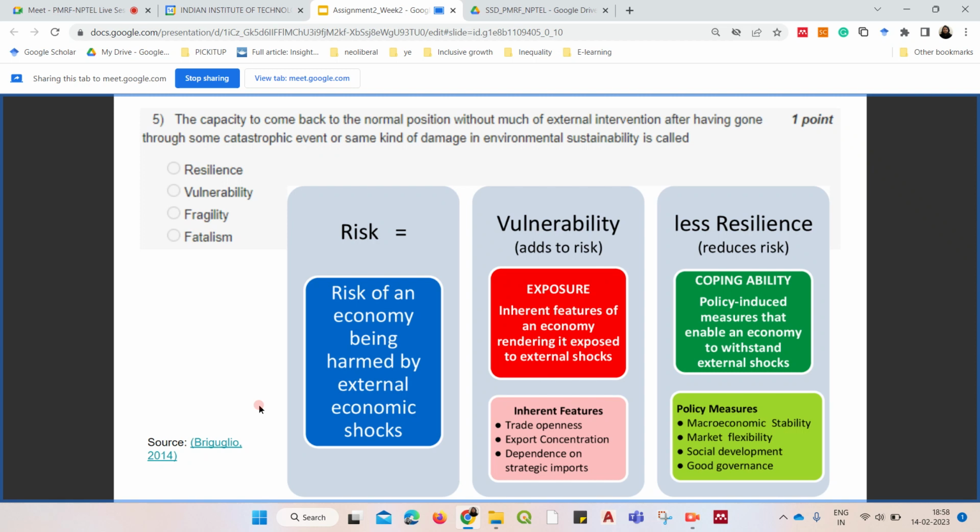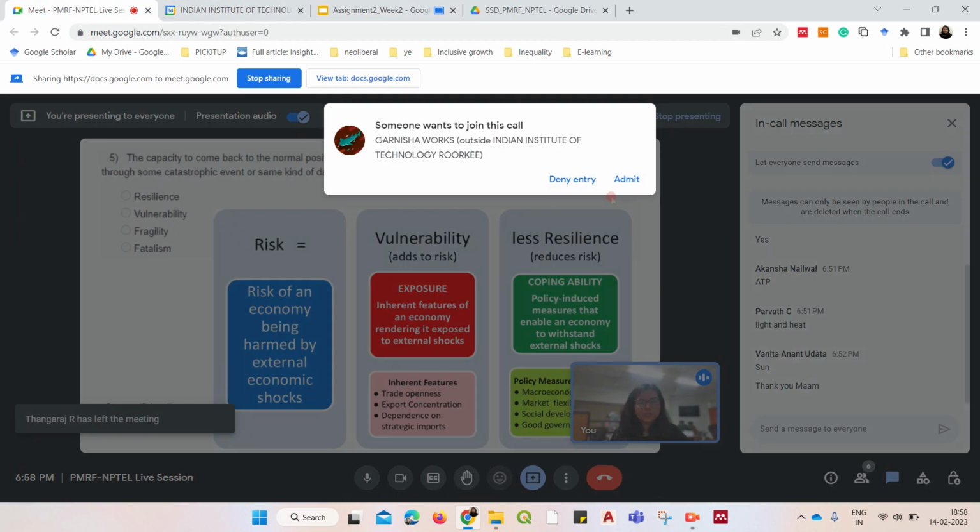You are given four options: resilience, vulnerability, fragility, and fatalism. All these terms are related to risk and risk management, and I'll explain all of them so you can get a better idea and move ahead with this question.